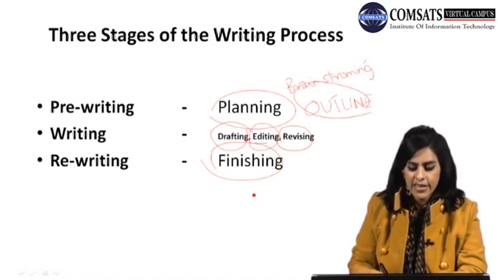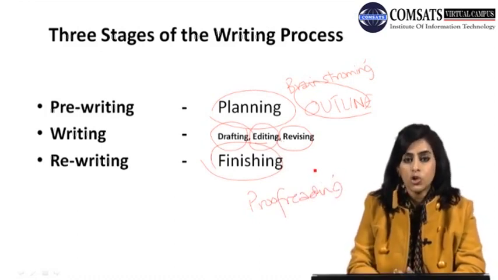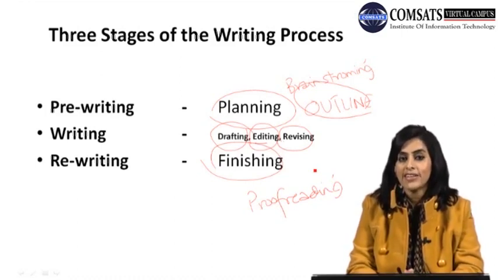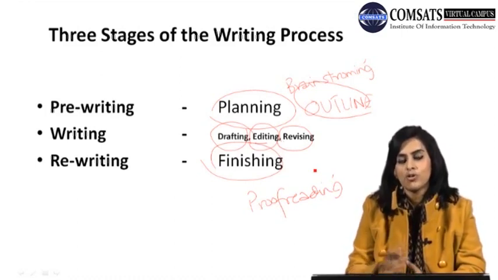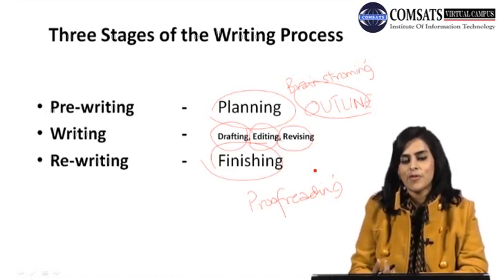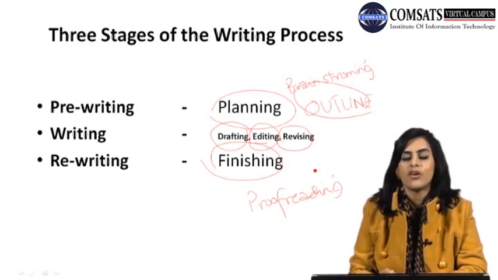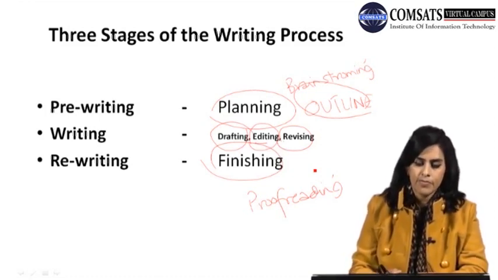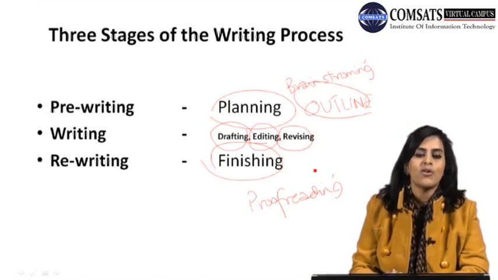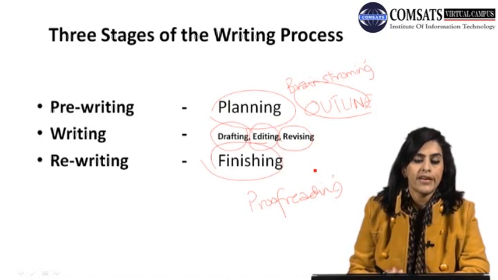This is basically your proofreading stage, for which we have thoroughly discussed the best idea for proofreading: you should keep your writing aside for a while, and then you should go out maybe, or you can take a nap, and then once you come back and pick up your paper, you will be in a better condition to see what you have written and what points you have missed, what corrections there might be, and what else you can add in your essay. So this is how you can find the loopholes in your written text.